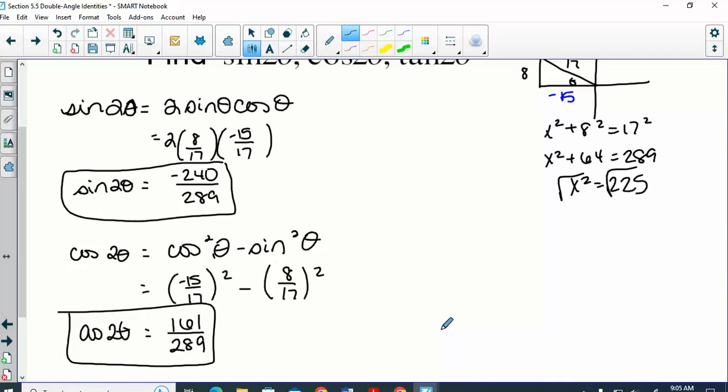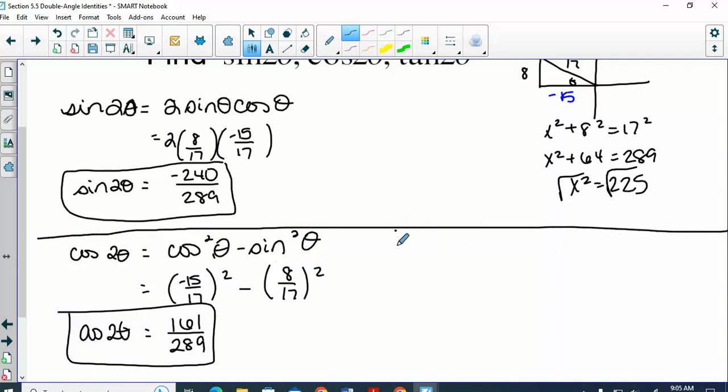So cosine 2 theta is 161 over 280. All right, how do I get tangent? You take tangent theta over 1 minus tangent squared theta.